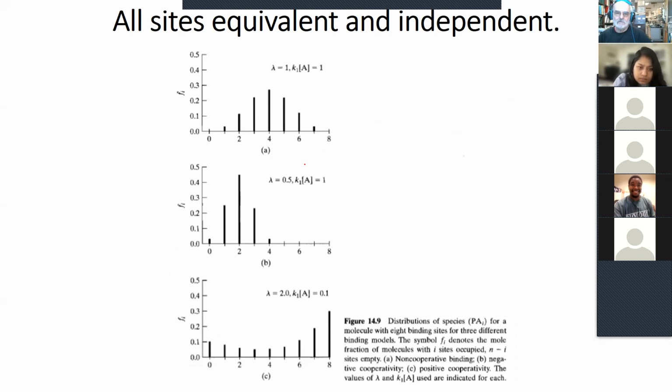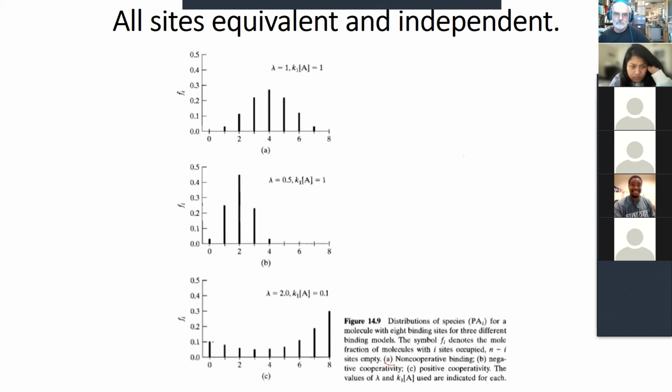Let me come back to this. I had moved this around. A is non-cooperative, so it's analogous to what we were describing up above. Depending upon the ligand concentration, all of the different forms will be populated. B is negatively cooperative, so it won't ever saturate because higher forms are suppressed, and you mostly have the lower ligated forms.